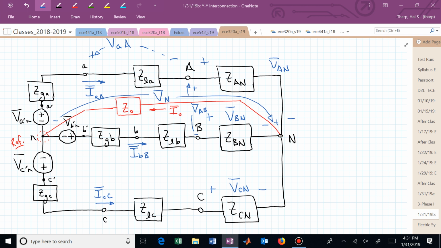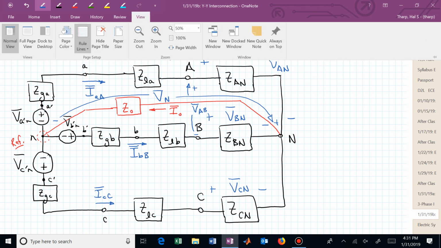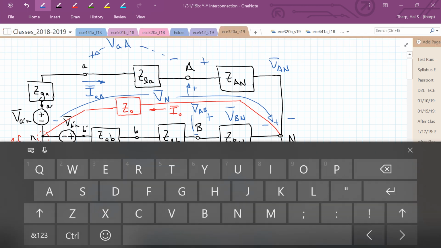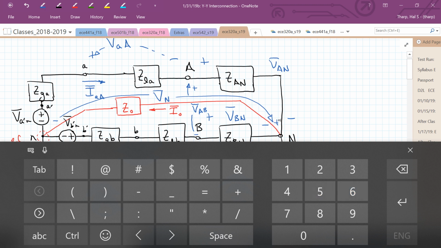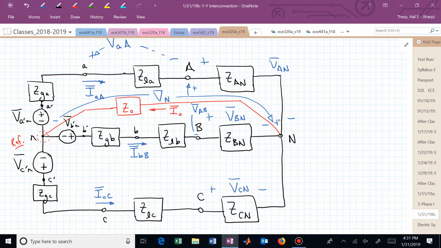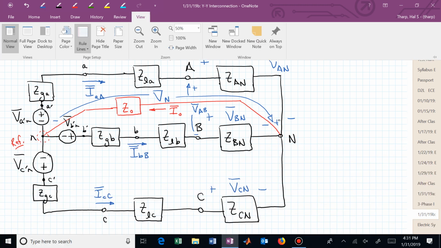And if you don't, you need to go home and convince yourself that this argument is actually valid. So let me try to write some of that down. And I'm going to get a little bit bigger now.